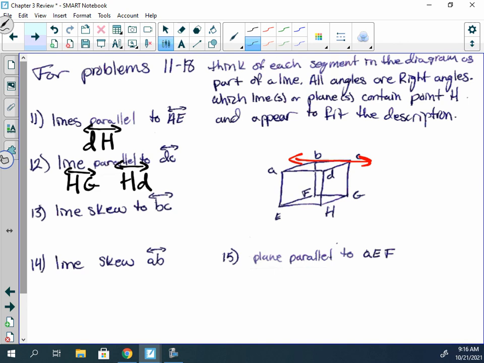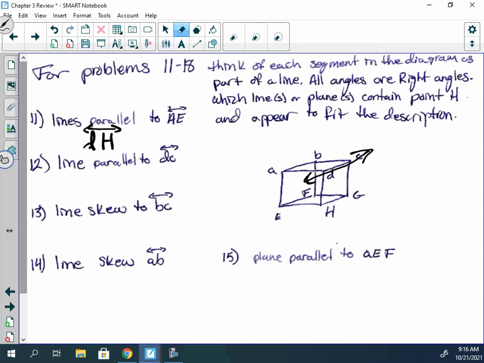Sorry. Nope, that wouldn't work. Because DC. So HG wouldn't work. HE would. HE is the only one that would work. Because I had BC. If it was BC, then HG would work. Does that make sense?